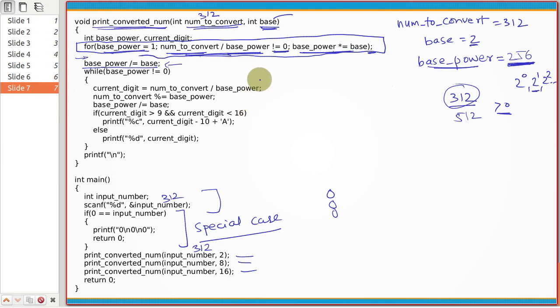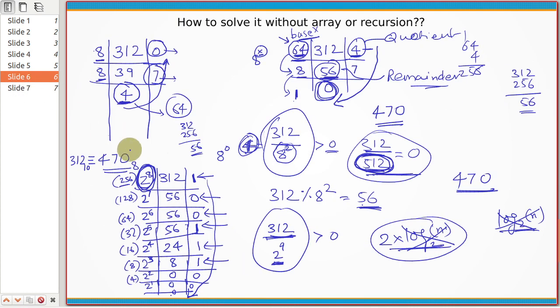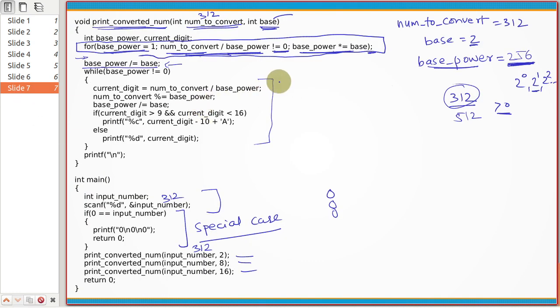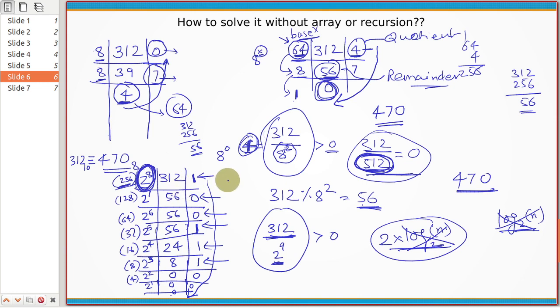So the for loop was to find this number with which I should start dividing. Now this code is for repeatedly doing these steps one by one.